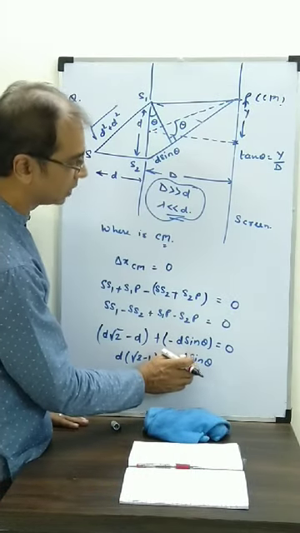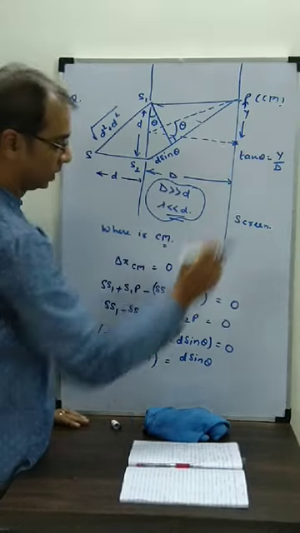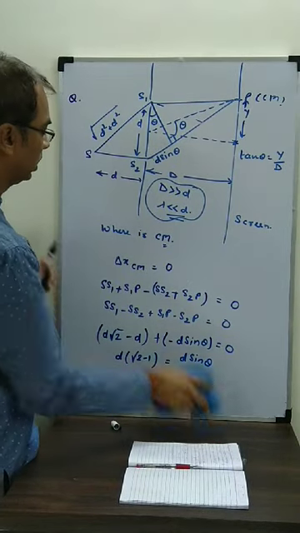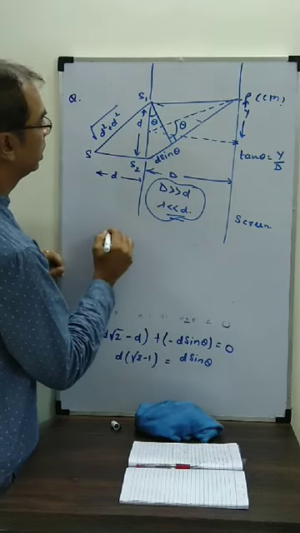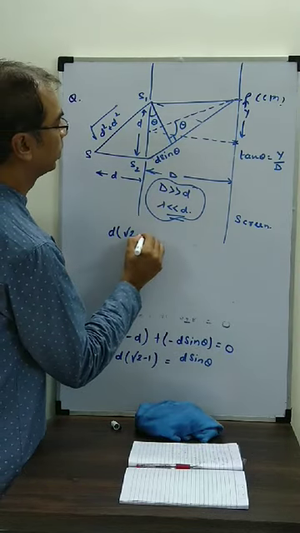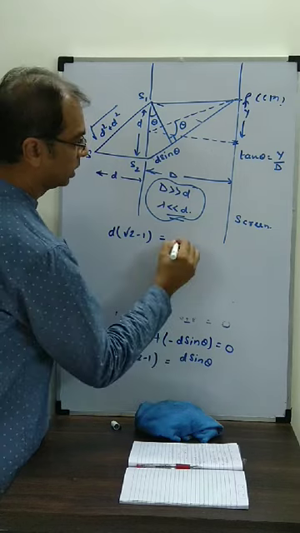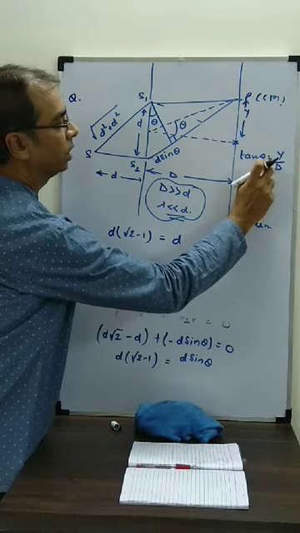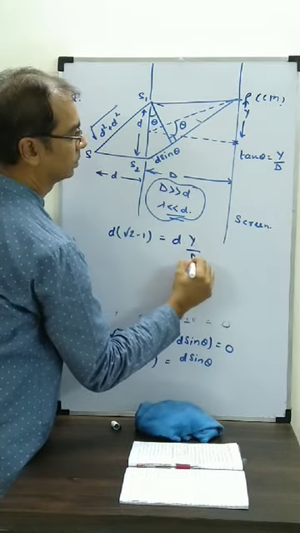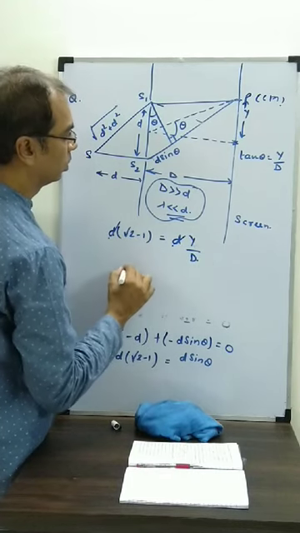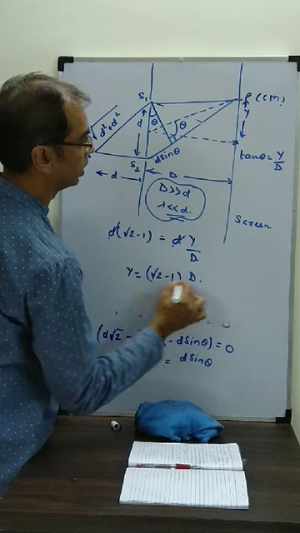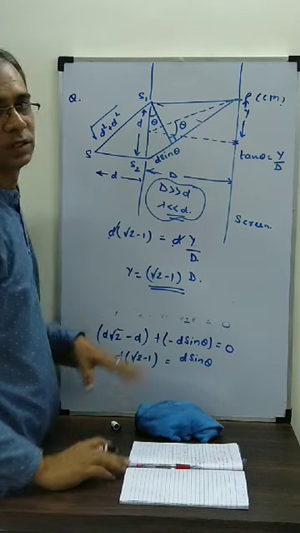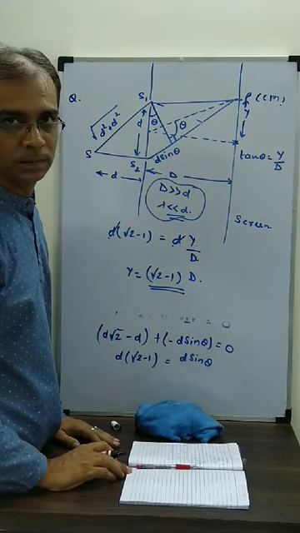In place of sin theta, I can write y by D. So D into root 2 minus 1 equals d times y by D. This D gets cancelled. The Y value came out to be root 2 minus 1 into D. This is the position of central maxima in this particular question.